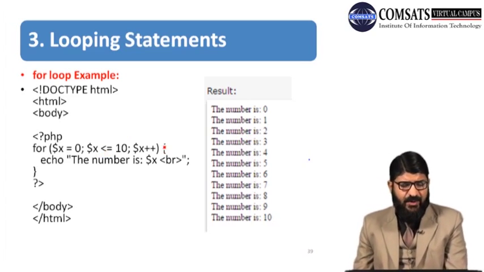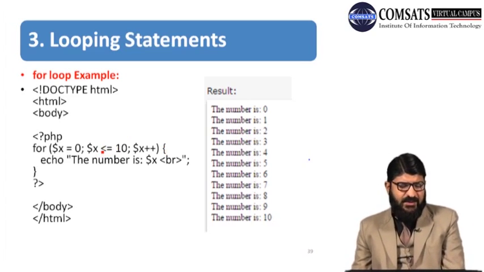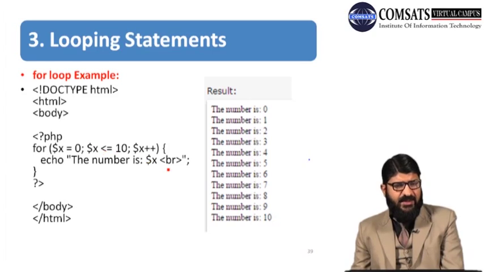Similarly carrying on, when the value is 10 it will print the number is 10, and next time the value will be 11, so that will not match the condition, so it will be terminated. So the body tag is closed and the HTML tag is closed.